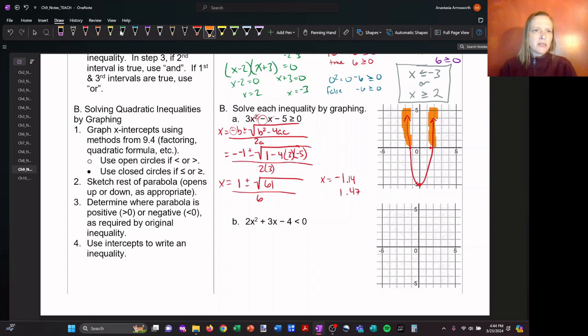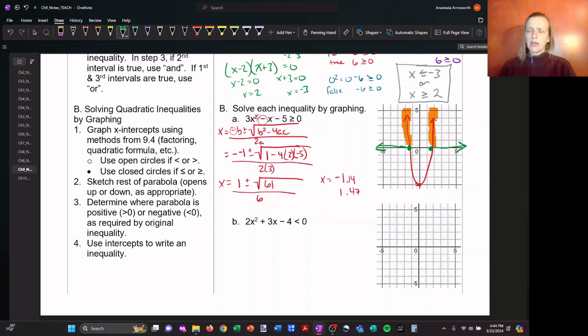So I'm going to express this by saying all the values from this x-intercept, including that x-intercept. So I'm going to color in that circle and going this way. And all the x values from this x-intercept moving to the right are going to be included.